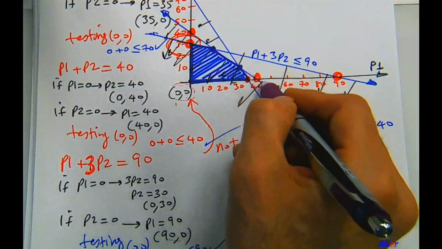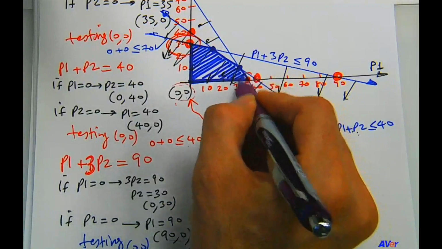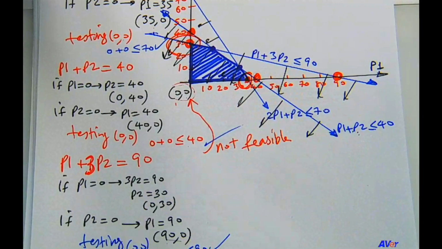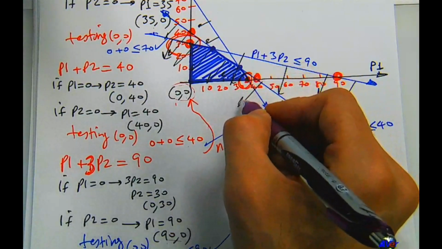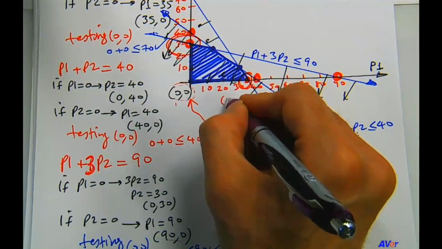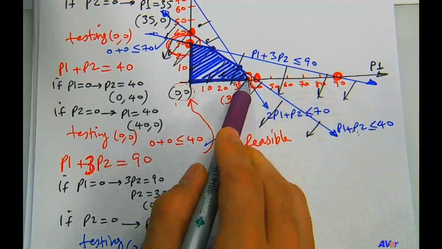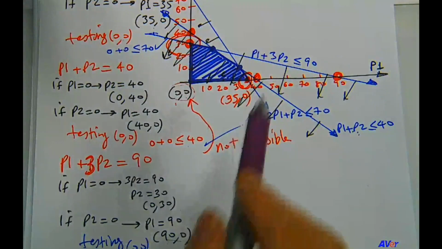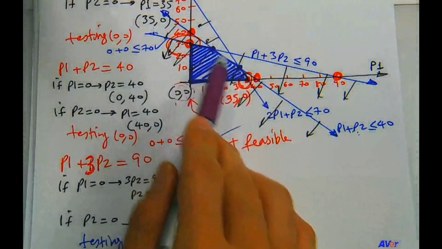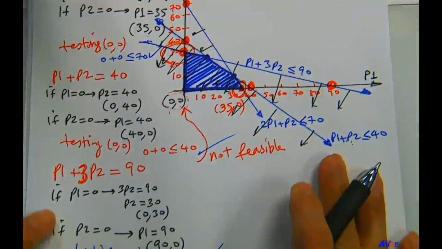We know this one as well. This one is 0, 40. Or sorry, 0, 35 actually. Sorry, 35, 0 is that point. And then these 2 points we don't know. We have to figure them out.